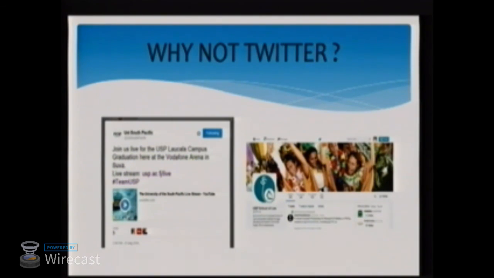The next question is, why not Twitter? Twitter is another platform for learning. Researchers have found that Twitter encourages students who do not normally participate in face-to-face discussion to go online and discuss. It may also help students to come out of their shells in participating in discussions.